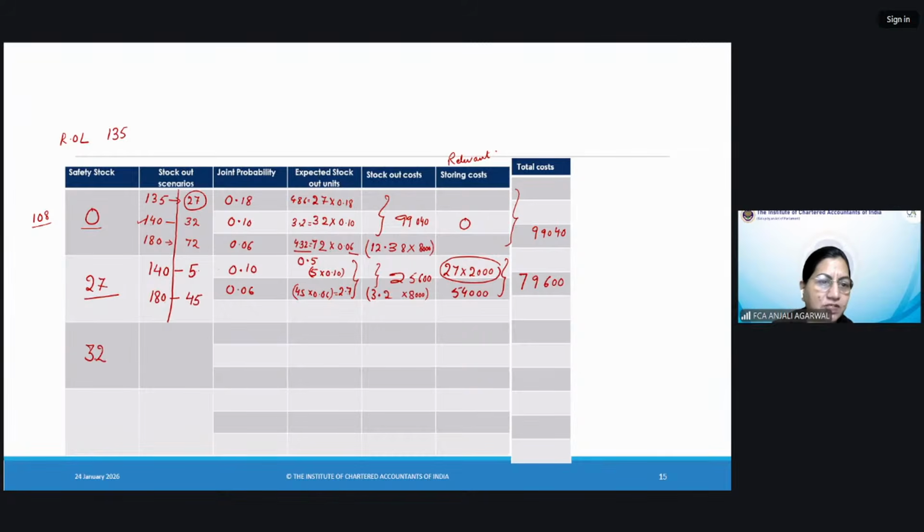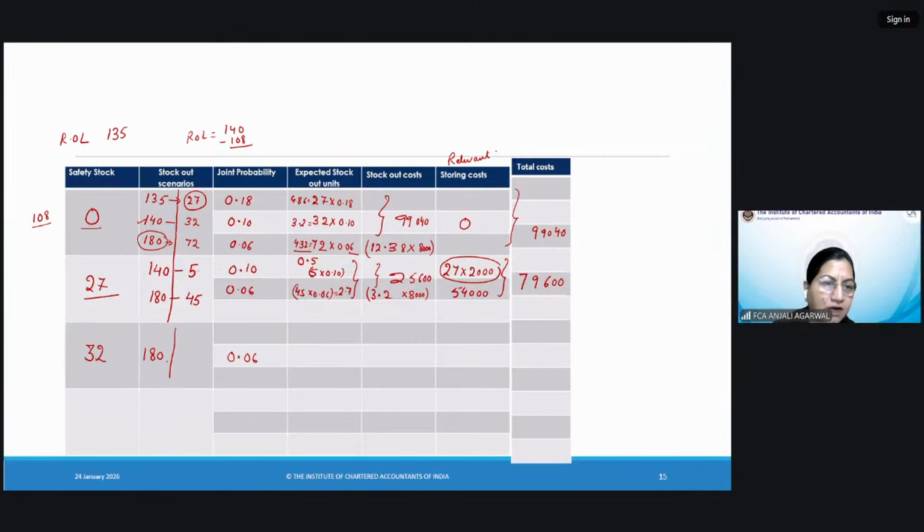If you keep a safety stock of 32 units, there is only one scenario in which you will be stocked out. And as you have kept a reorder level at 140, the only scenario is 180, if you are stocked out. And you'll have to keep a safety stock of 140 minus 108, that is 32 units.